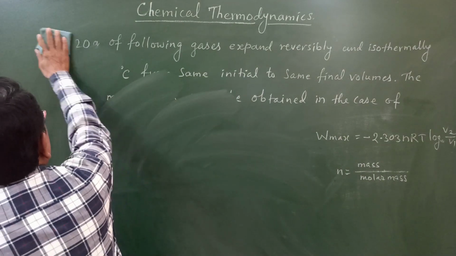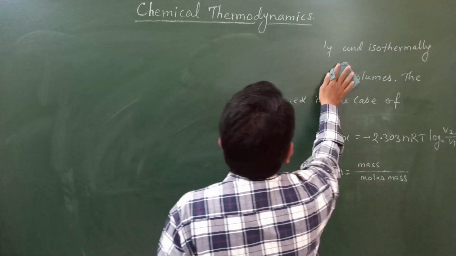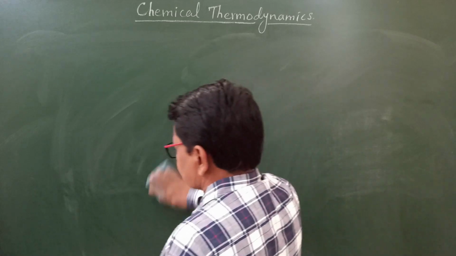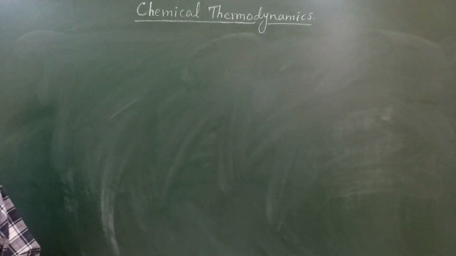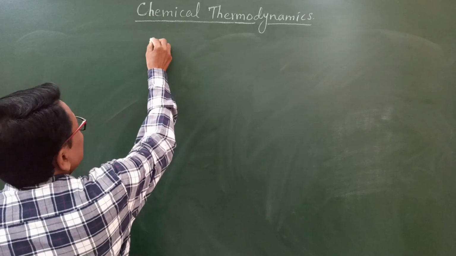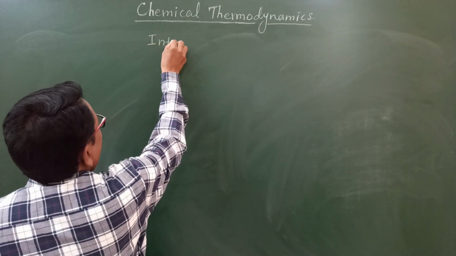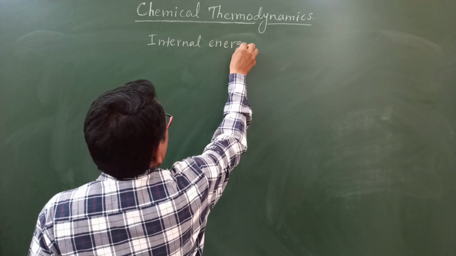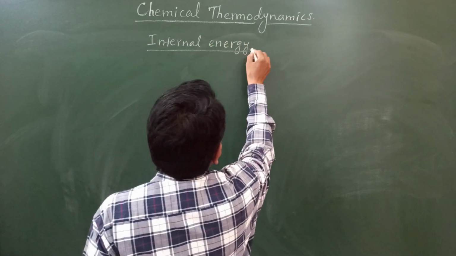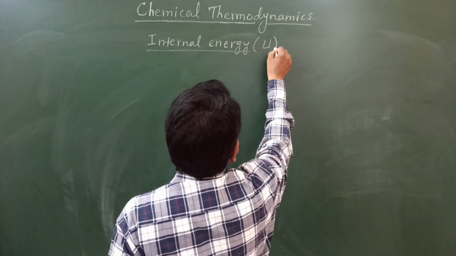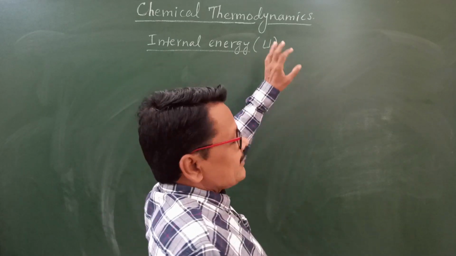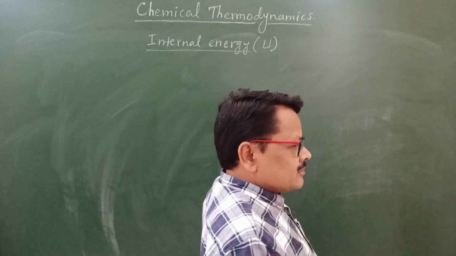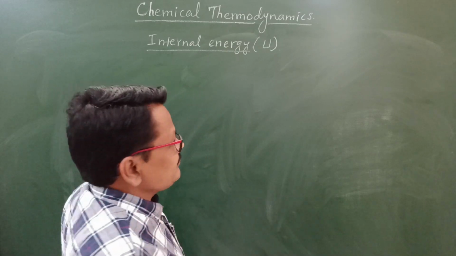Today we have to go towards the next point in this topic, that is internal energy. According to the new convention, internal energy is denoted by the symbol U. In the previous period, we saw the two derivations. Which are the two derivations?